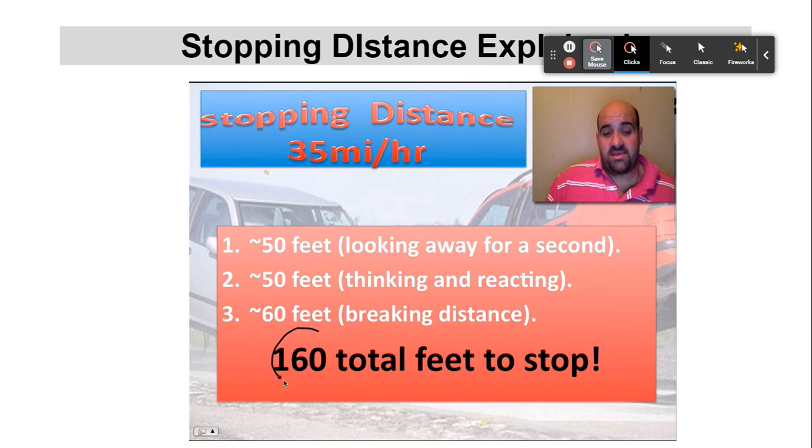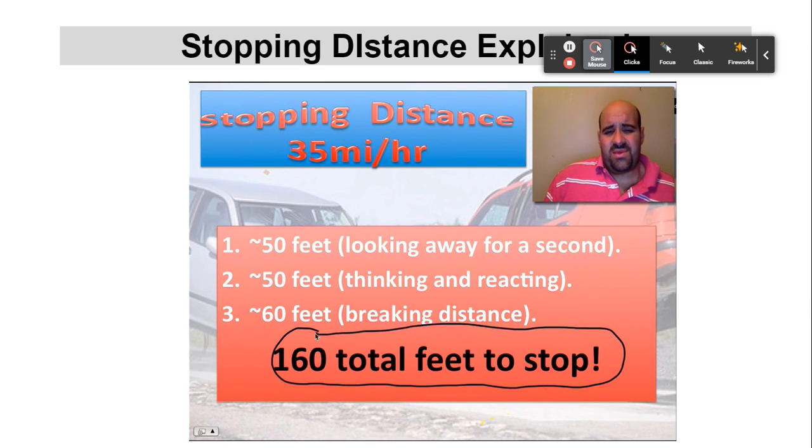Thinking about 160 total feet to stop. Wow. So braking distance alone is kind of nerve-wracking. Like if a child runs in your road and you slam on the brakes, your car's not going to stop on a dime. The faster you're going, the more your braking distance is going to increase. And it's not linear. It's proportional to the square of your velocity.